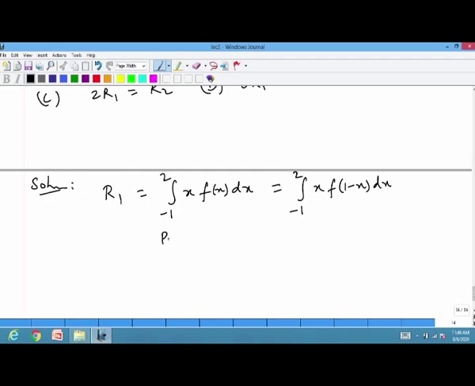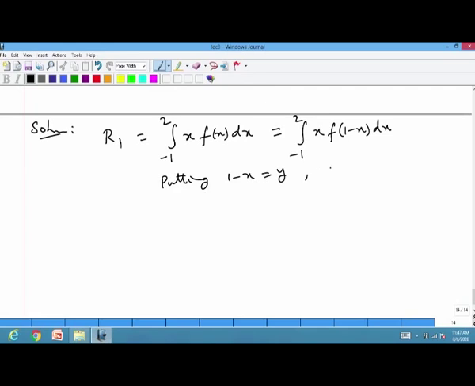Now, putting 1 minus x equal to y, we have this integral equal to integral from minus 1 to 2 of 1 minus y times f of y dy.